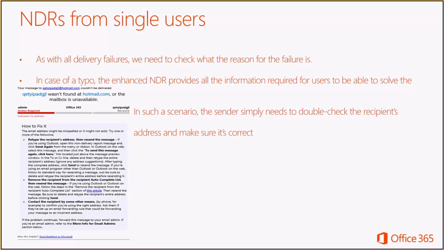Most commonly, these NDRs are generated by a typo in the recipient address, and as you can see in the sample attached, the NDR states that the email is not valid, and the steps are provided to me to try and fix this issue myself.